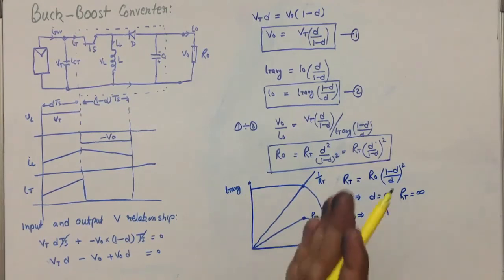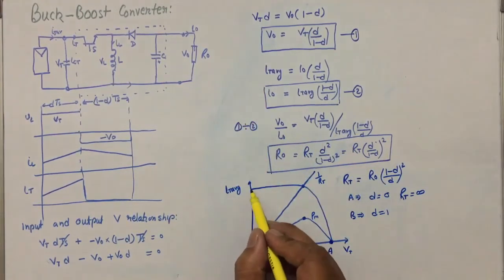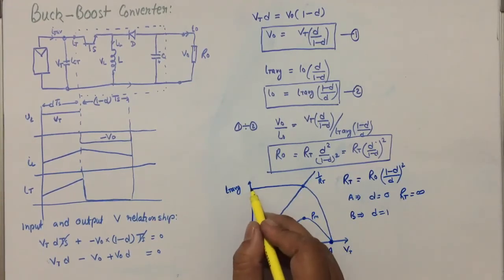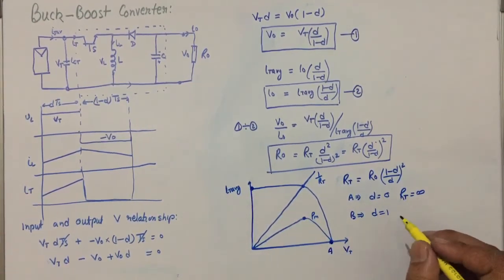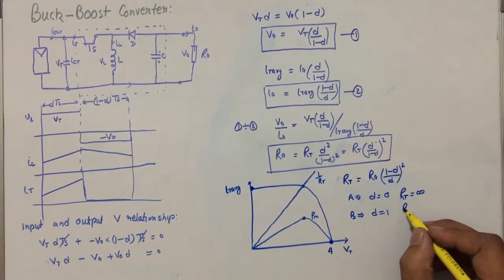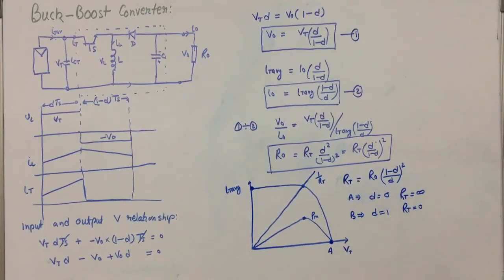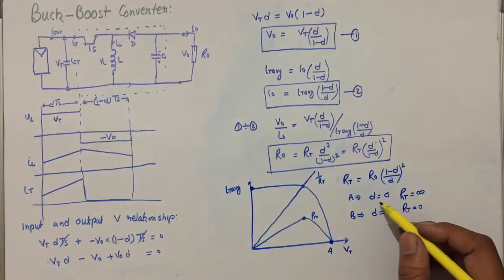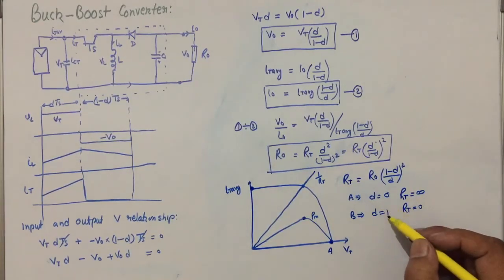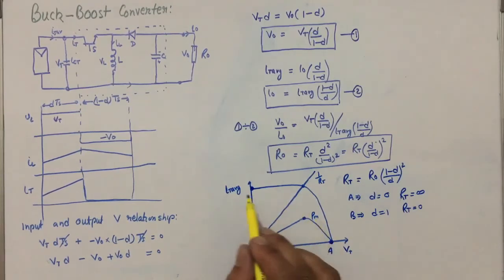So the slope will be infinite, meaning the line will be vertical, and the point of operation on this characteristic will lie here. So with the variation of D between 0 and 1, we can operate from here to here.